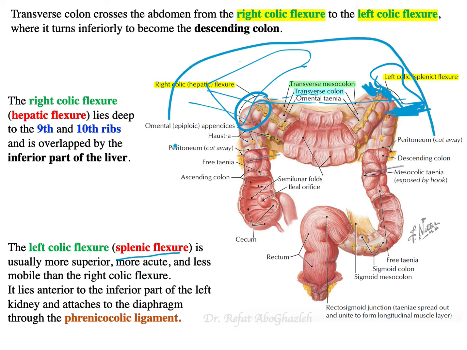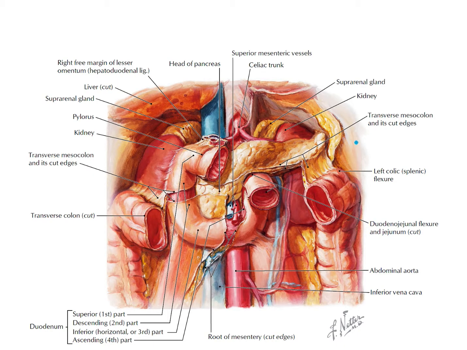You know, here we have the diaphragm, right? There is an important ligament here. We call it the phrenicocolic ligament. That means phrenico, related to the diaphragm. I will show you where that is.